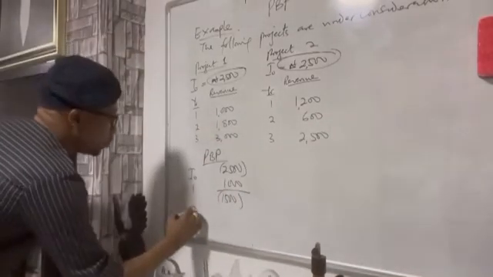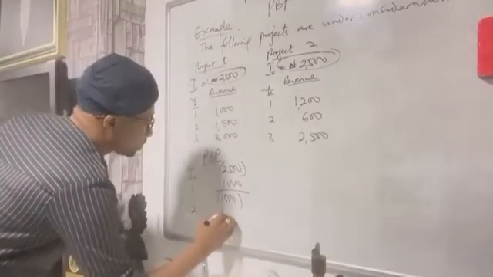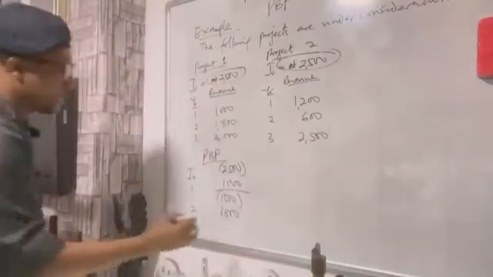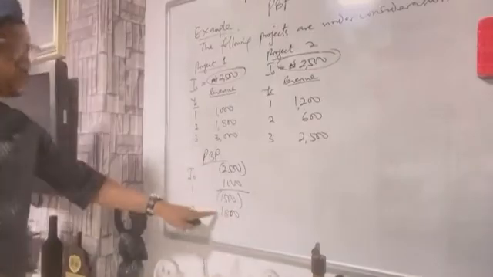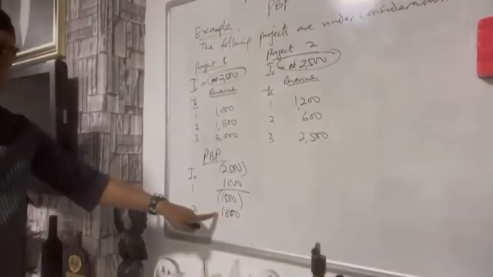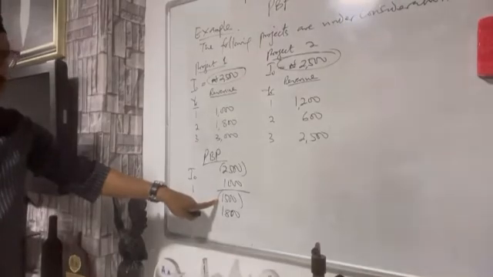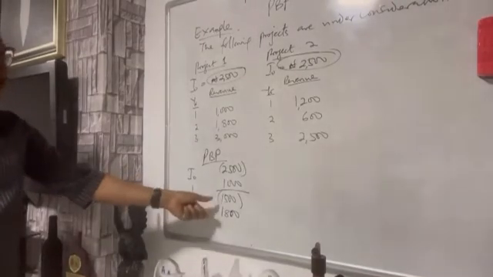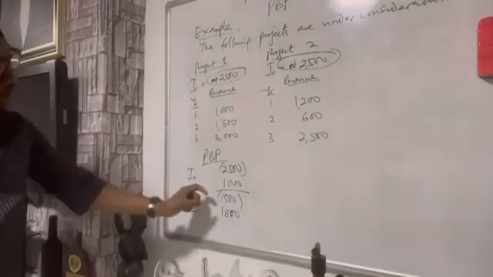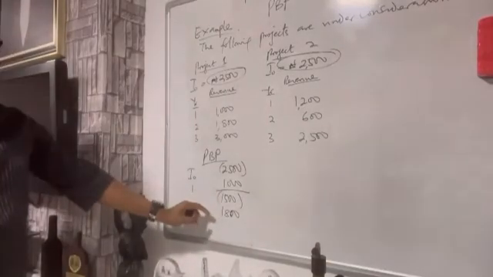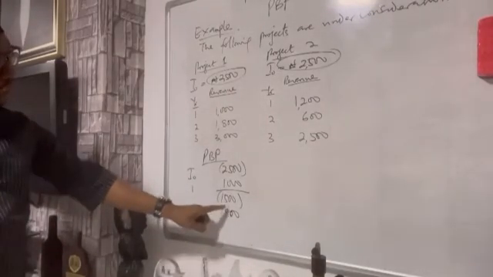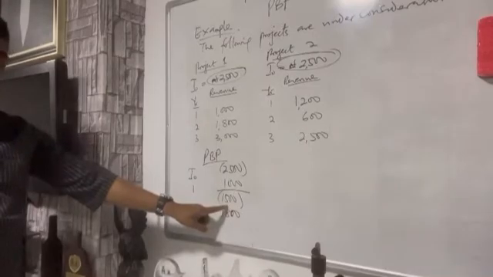For year 2, we have a revenue of 1,800. Now we realize that the revenue of 1,800 in year 2 is higher than the 1,005 we want to recover. So how do we know how long it will take us to recover? At what point of making this 1,008 are we going to arrive at 1,005?